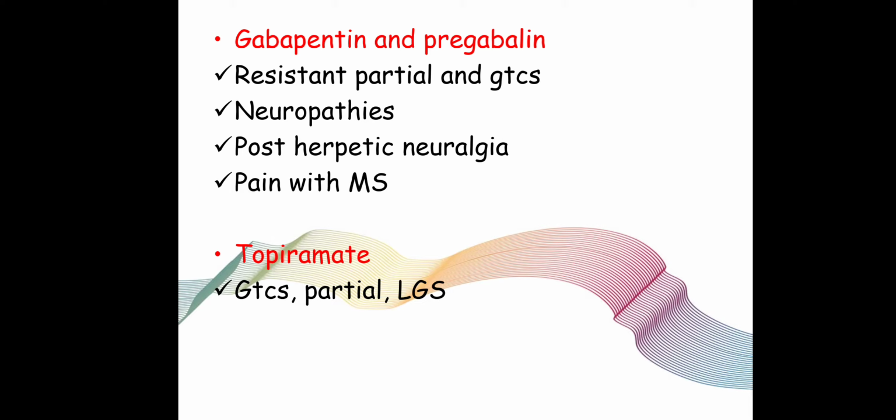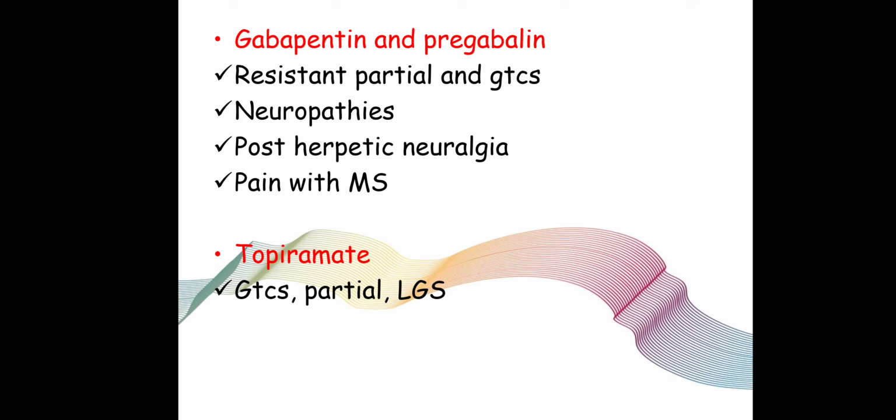They are used for resistant partial and GTCS, meaning the patient is not responding to phenytoin, or the patient is on phenytoin for a longer time and has now developed resistance, then you can start gabapentin and pregabalin. They are very effective, right?